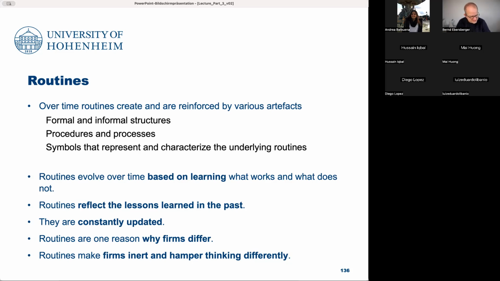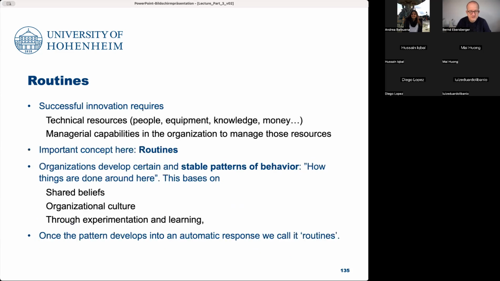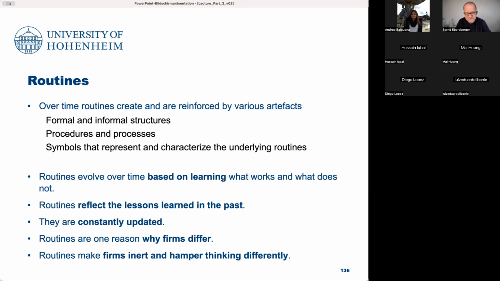But of course, there is a dark side, a negative side to routines. So if routines are something like how things are done around here, they can make firms inert. They can hamper the flexibility of the firm. They can also shape innovation activities.